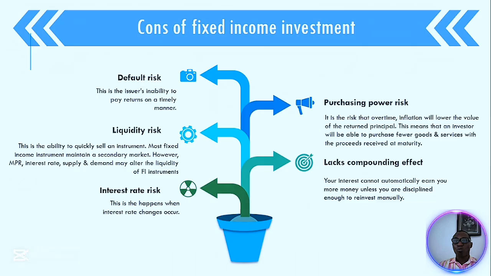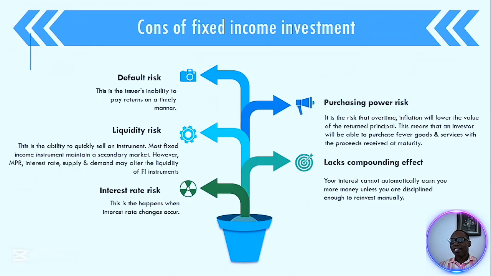Then we have the next one, which is purchasing power risk. It is the risk that over time inflation will lower the value of the returned principal. By the time you are collecting your money back, your principal invested amount at the end of 1 year, inflation in one way or the other would have eroded it a little bit, as long as there is no high inflation in the economy. A little bit over time, in the next 10 years.